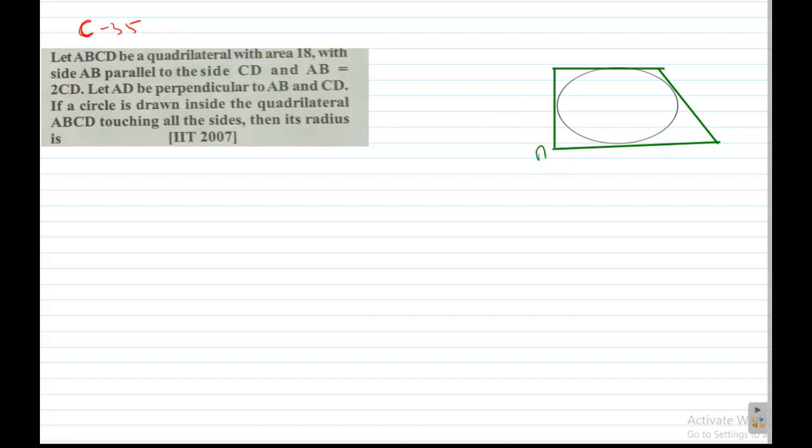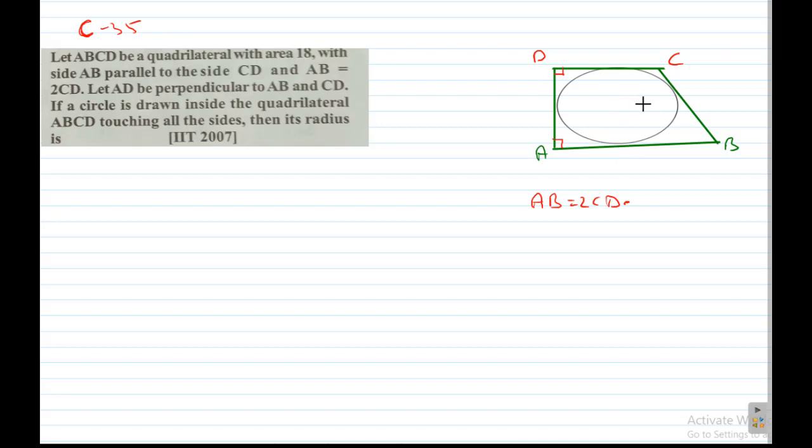For example, this is A, this is B, this is C, this is D. AD is perpendicular to AB and CD, 90 degrees here and here. If a circle is drawn inside the quadrilateral ABCD, touching all the sides, then its radius is dash. We want to find the radius of that circle.